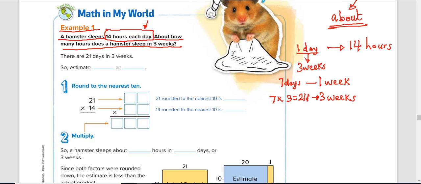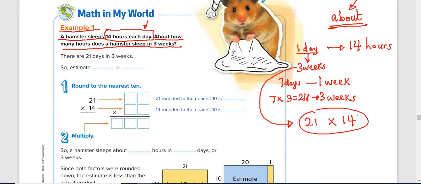So there are 21 days in 3 weeks. So we can replace this with 21 days. For one day, the hamster sleeps 14 hours. So this is our product. We have to do 21 times 14.